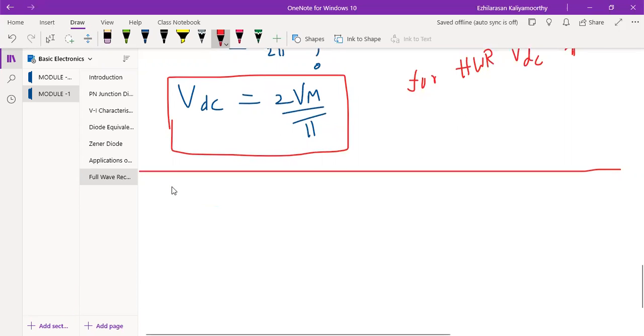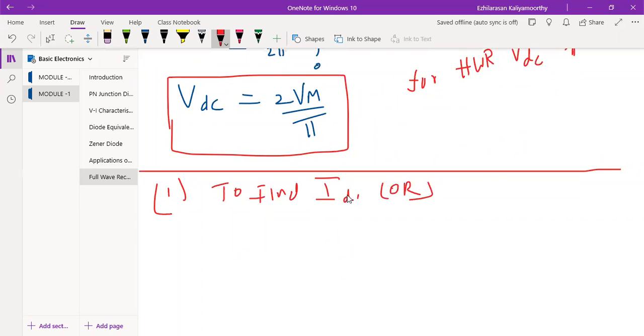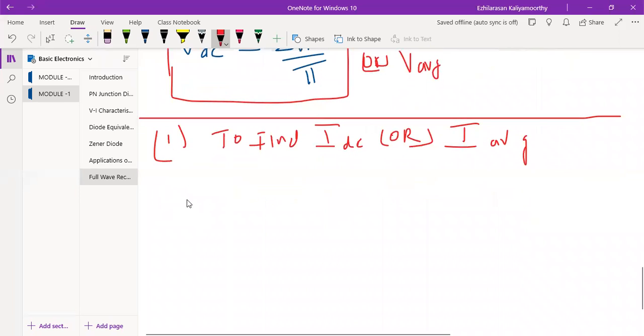Next, let us find the second thing, IDC or I average. How can we calculate this? Even here we need to find out the IDC, and that is also very simple.